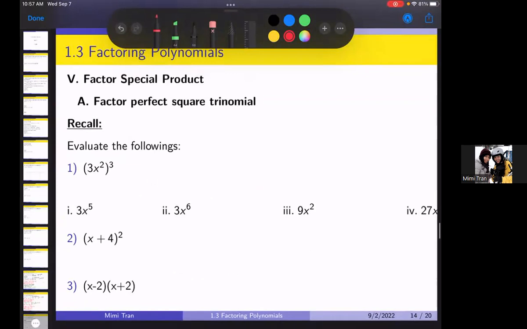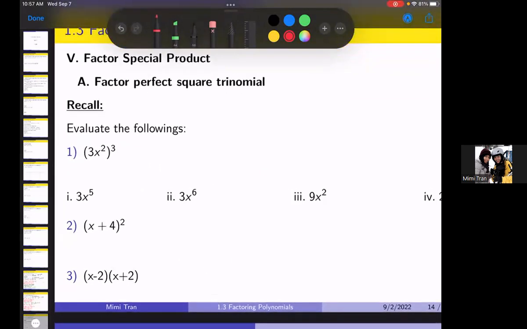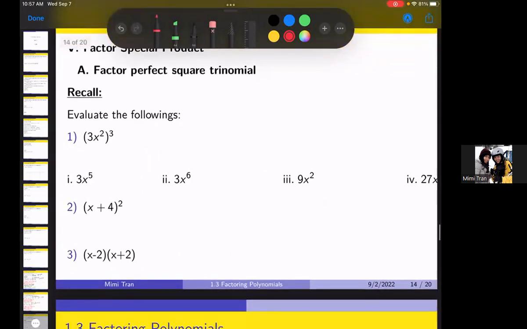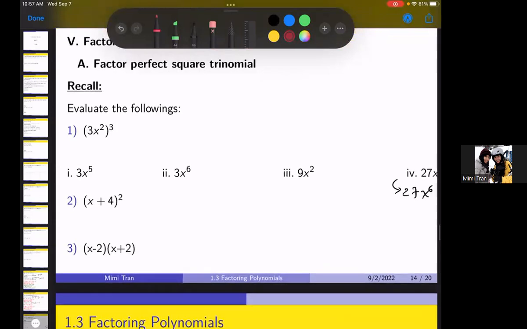I'll tell you later. But before that, I want you to try this on your own first. By the way, the last answer is 27x to the 6. Number 1 is you want to choose the best answer.